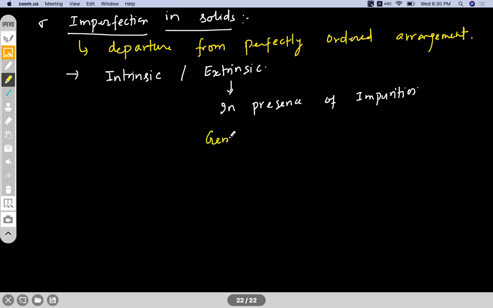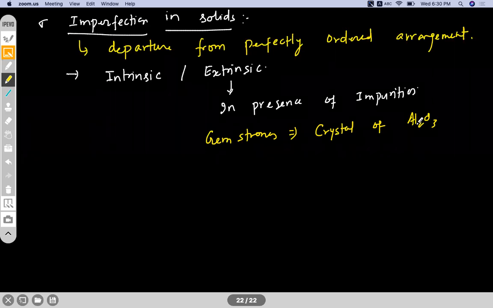they are crystals of Al2O3. And the pure thing, the perfect, ideal crystal that we have, is colorless in nature.